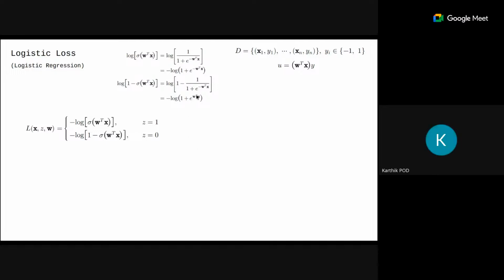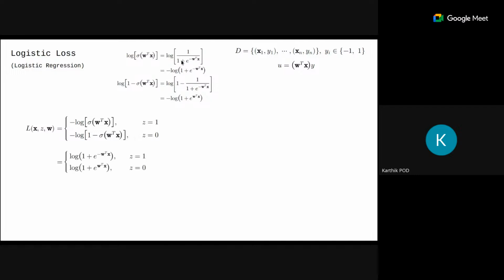You will have e power minus w transpose x in the numerator also. Then you multiply by e power w transpose x in the numerator and denominator. That will give you 1 by 1 plus e to the power w transpose x. Yes. Clear, sir. Okay, so that's all we are doing here.